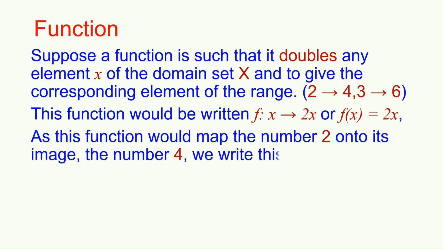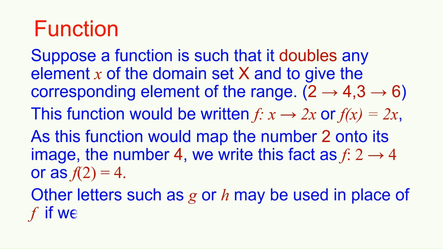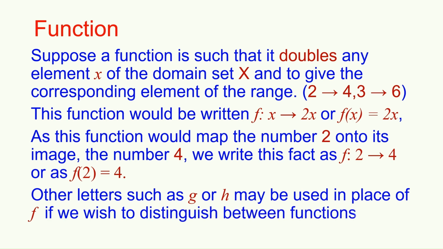As this function maps the number 2 onto its image, the number 4, we write this fact as f is a function under which 2 has an image of 4, or as f of 2 equals 4. Other letters such as g or h may be used in place of f if we wish to distinguish between functions.